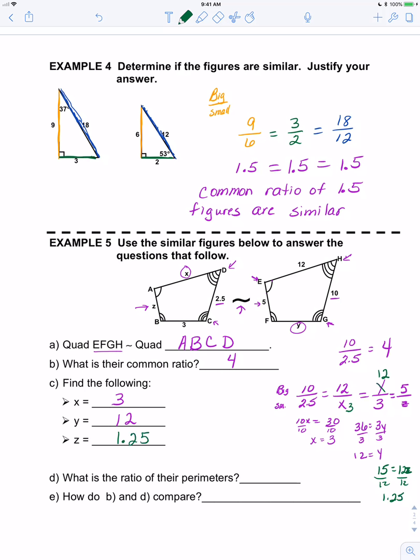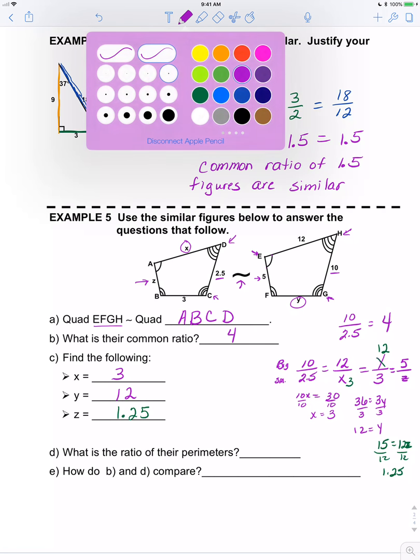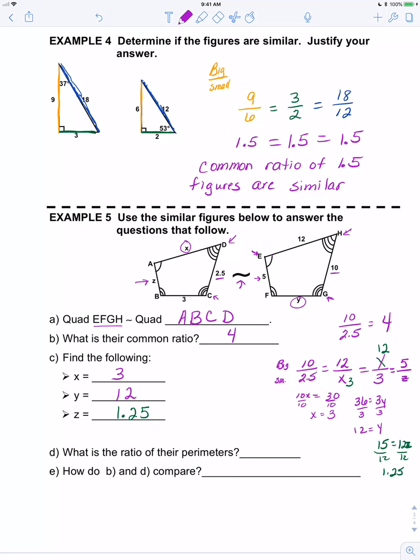for Z. All right, so what is the ratio of their perimeters? Well, we already found the ratio of the perimeters. So if we add up all the sides for the perimeters, let's see, what is the perimeter of this? So let's go fill in. Y here was 12. X here is 3. And Z is 1.25.